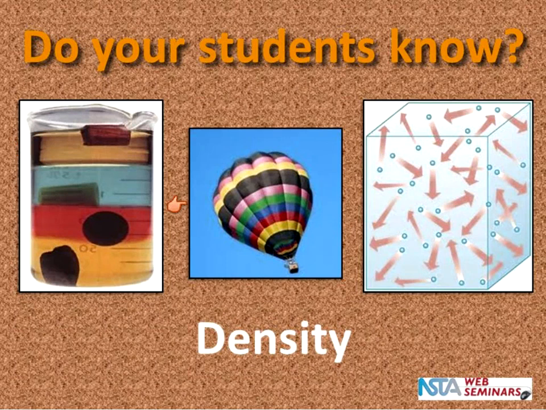The second picture here, we have density of different due to different temperatures of air. We have a hot air balloon, and of course it rises because it's less dense. And also the density of air in a closed container, and this can be related to temperature or air pressure. So density is defined as mass per unit volume.